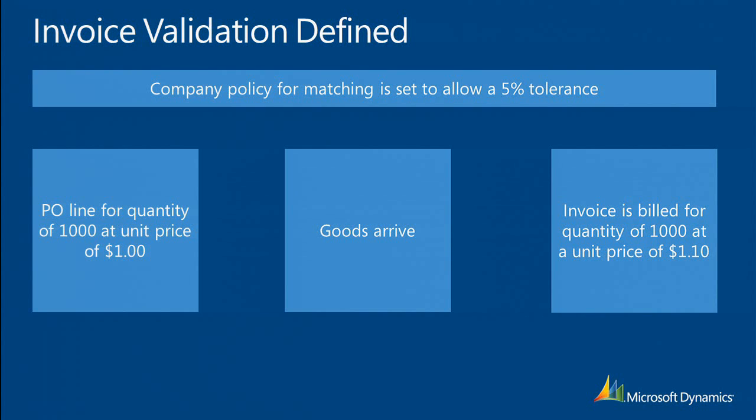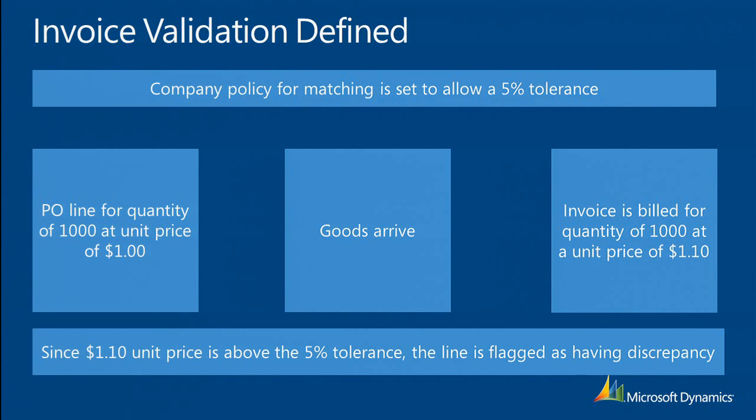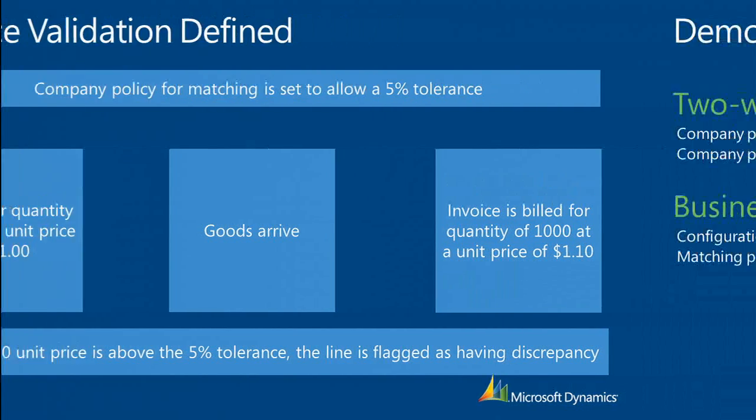If we assume that we have a company policy that's set to allow a 5% tolerance, that would mean anything up to $1.05 in this scenario would be perfectly acceptable. But since our $1.10 is over that 5% tolerance, the line would be flagged as having a matching discrepancy in AX 2009. So that's what we have for three-way matching.